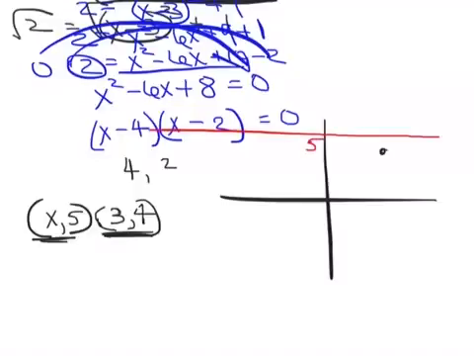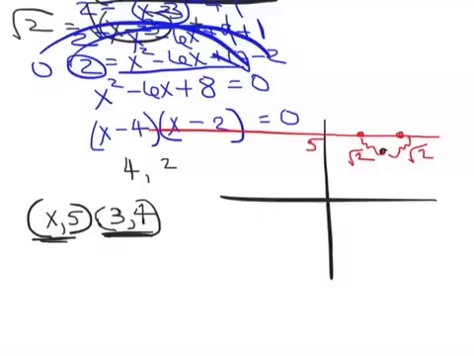Okay, if it is, then it could either be here, and this distance is the square root of 2, or it could be here, and the distance can be the square root of 2 because they gave us the distance.